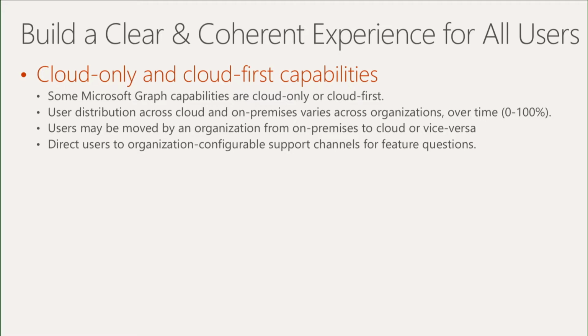And the percentage of users in a hybrid tenant varies anywhere from 0 to close to 100%, depending on where they are. In some cases, customers exist in a steady state where they have some on-prem, some cloud. Some use hybrid as a way to dip their toe in the cloud waters, and they may have a small number of test users in the cloud.